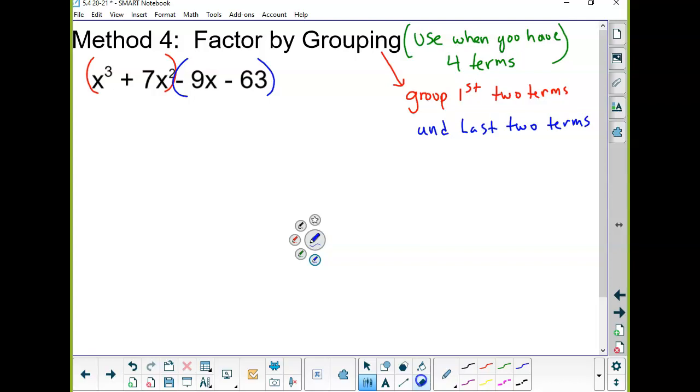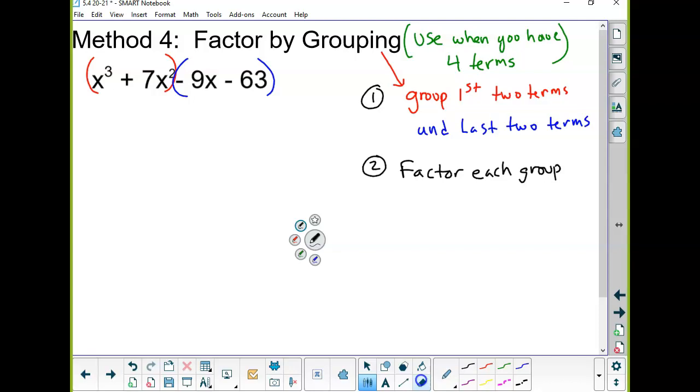So it only works when you have four terms. And then we're going to just pull out a common term between each group.